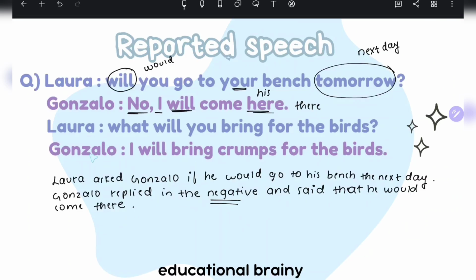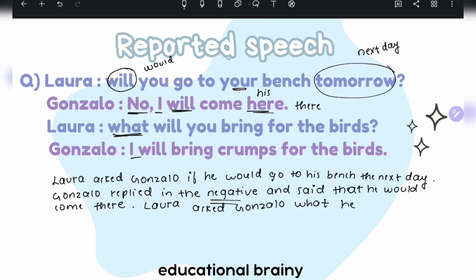So again, Laura is speaking to Gonzalo. She's asking a question, so you have to convert the question into a normal sentence. How to do that? First write Laura asked Gonzalo. See, if you have "what" in the sentence, write that as it is. What he would. "I" changes to "he".